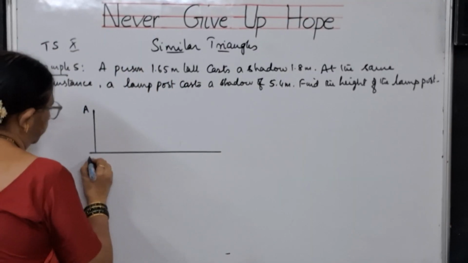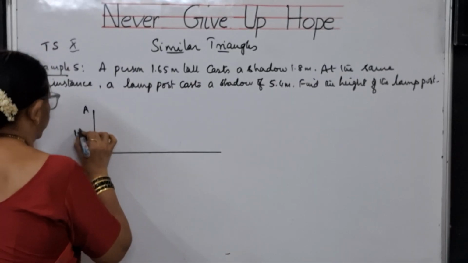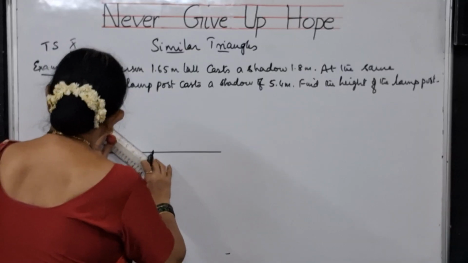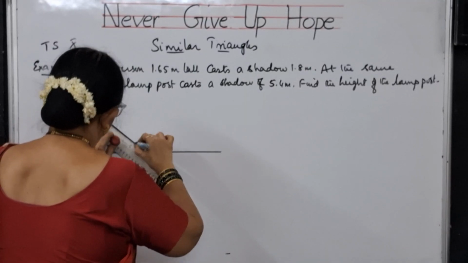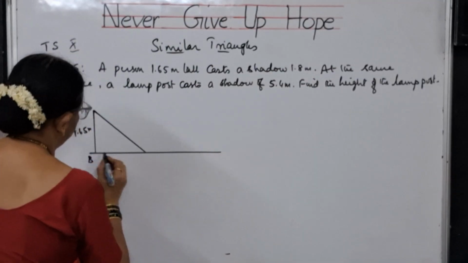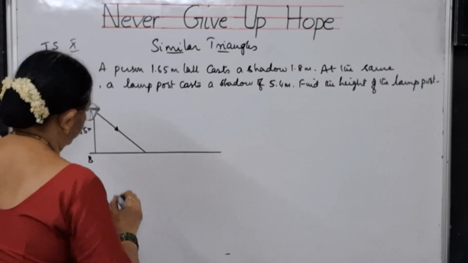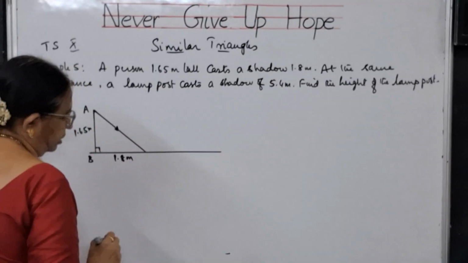A, B. Suppose this is a person whose height is 1.65 meters. He is casting a shadow. This is the length of the shadow. These are sun rays. Length of the shadow is 1.8 meters. So definitely this is 90 degrees.